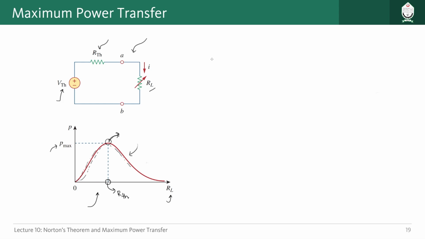So we have found out the requirement for maximum power transfer, which is RL should be equal to RTH. Now if we plug this value into our equation of power delivered to this resistor RL, that will be something like this. So P was equal to VTH divided by (RTH plus RL) whole square, multiplied with RL. So here in place of RL we are going to plug the value of RTH.